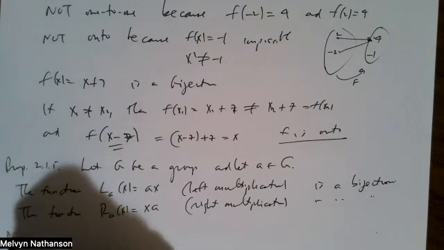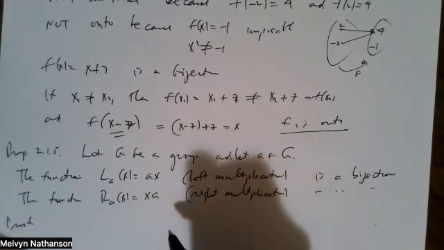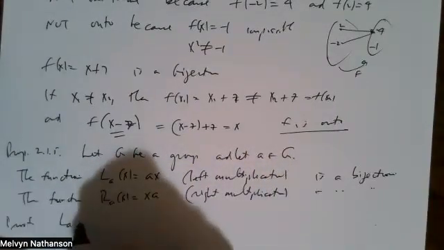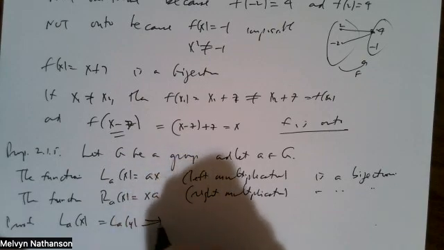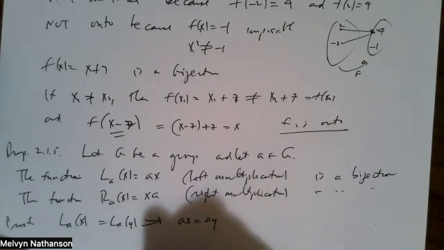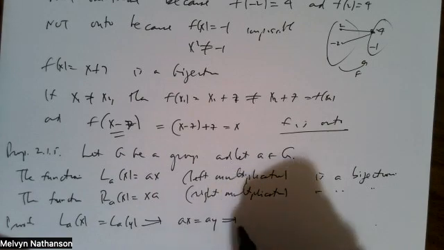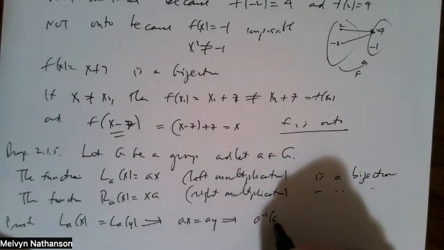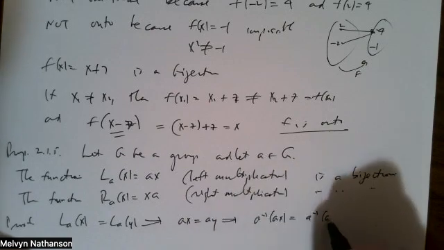And that's the proof of this. Let me give the proof in a couple of different ways. So if L sub A of x equals L sub A of y, that means AX equals AY. But this is multiplication on the left by A. And so if I take A inverse times AX, that's the same as A inverse times AY.